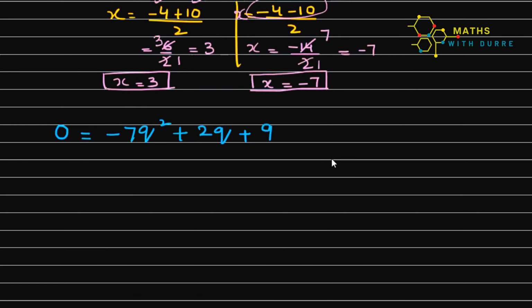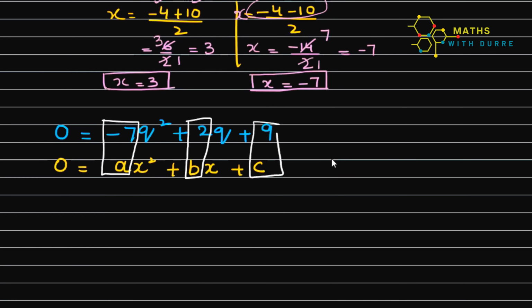The form is ax square, because it's a general form, so you need to keep it in your mind, plus bx plus c. This is how you can easily identify a is -7, b is 2, and c is 9.